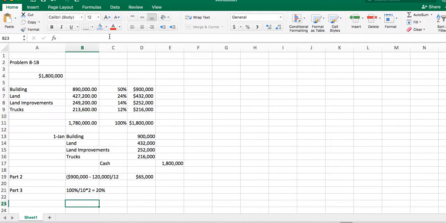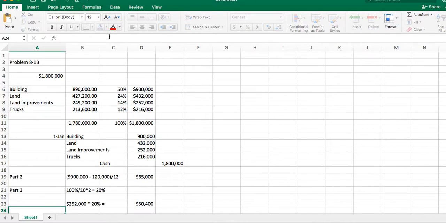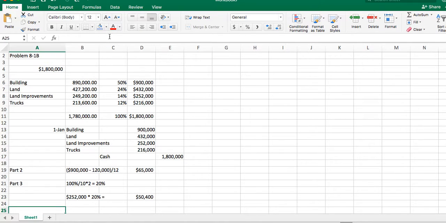To calculate that, then we take the 252, which is the cost of the land improvements, and we multiply that by 20%, and that gives us $50,400, which is the depreciation on the land improvements using the double declining method.